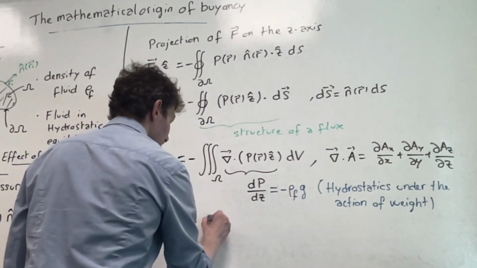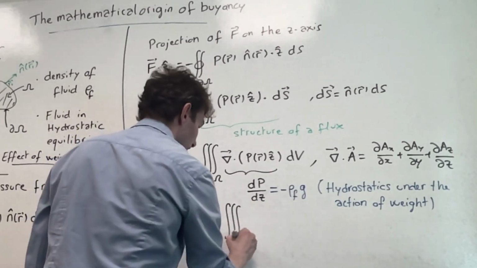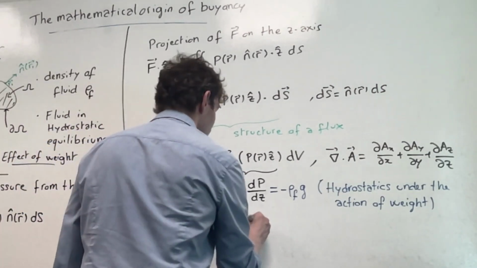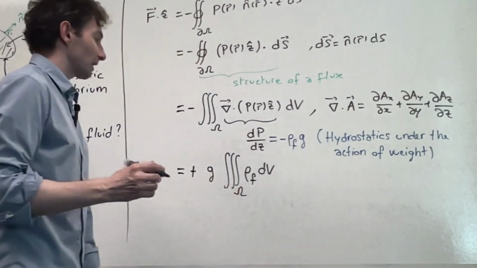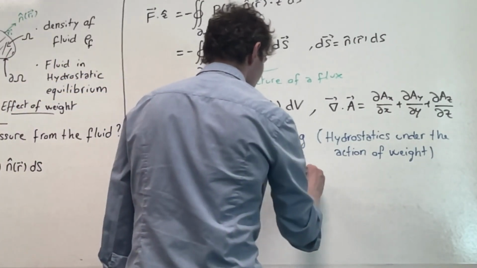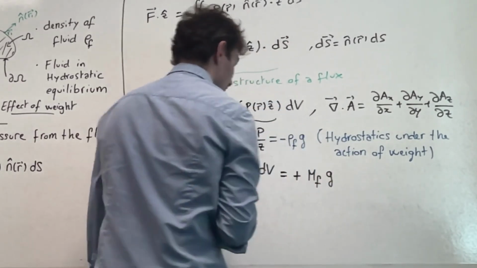Then I can put the g outside because g is the acceleration constant of the weight on Earth. Then I've got omega here, and then I've got rho f, and then dV. And so what I get in the end is equal to plus mf times g.